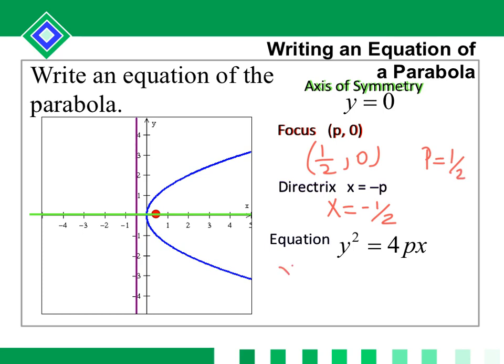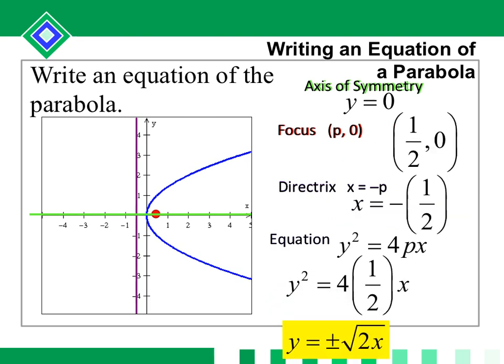So now the equation is 4 times 1/2, which is 2. So y squared is equal to 2x. So there is the equation. Okay, and see, that's the equation we got.